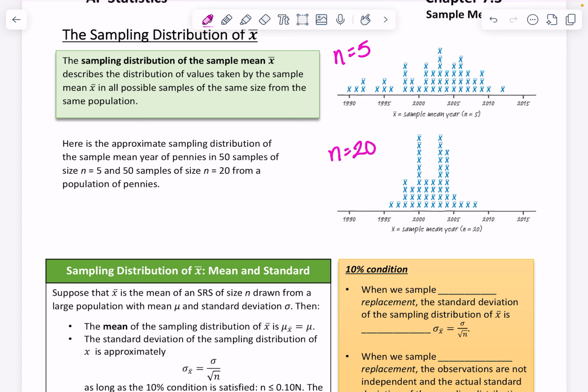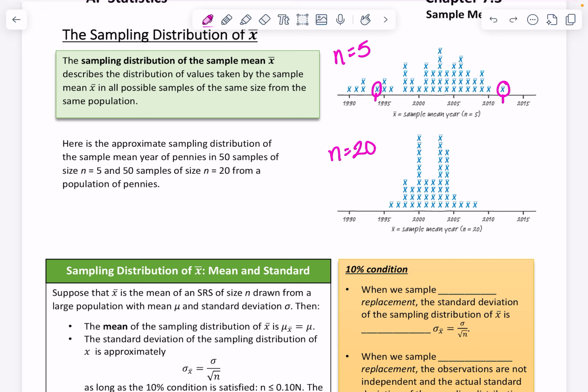So this would be a sample of 5 pennies. Those 5 pennies have an average year of 1994, right? Or this sample of 5 pennies has an average year of 2012. So you get all samples of size 5 and you find their average, their X bar, and you plot them on a number line, and we have this shape, okay?